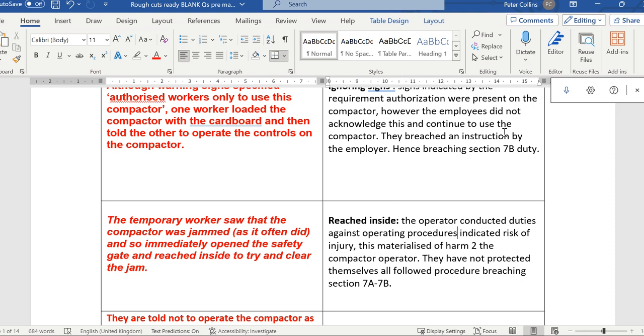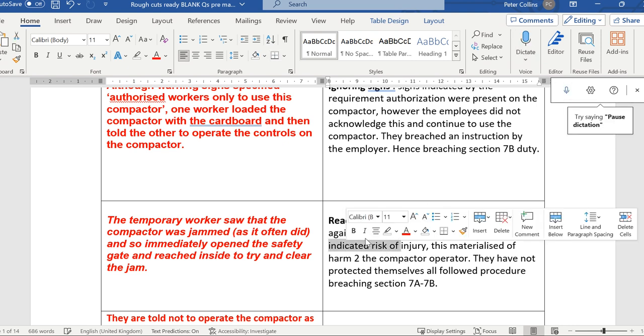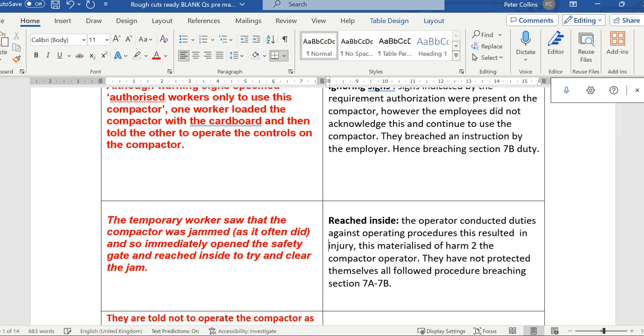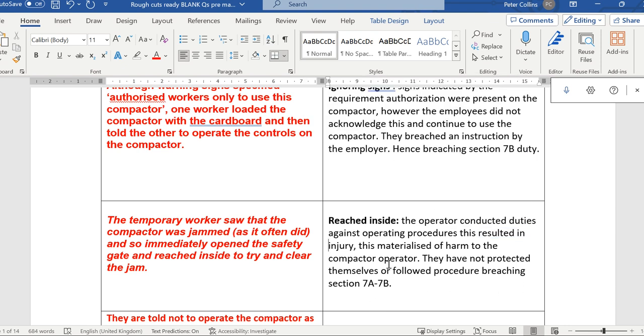So you could say this resulted in injury. This materialised the harm to the compactor operator. They've not protected themselves or followed procedure. So there we go. So that'd be my final point put in.